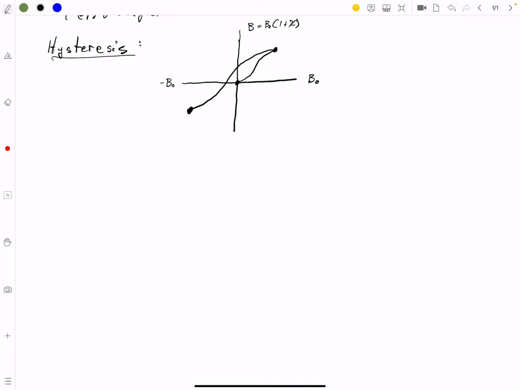And then you do it again, and you end up with this point. So it all depends on where you start, and where you start has something to do with where you're going to end. So this is what we call hysteresis.